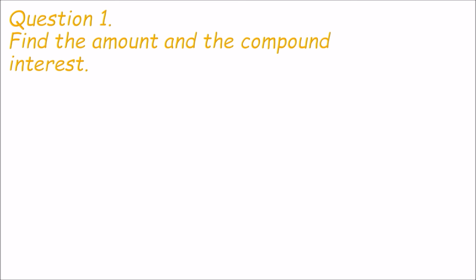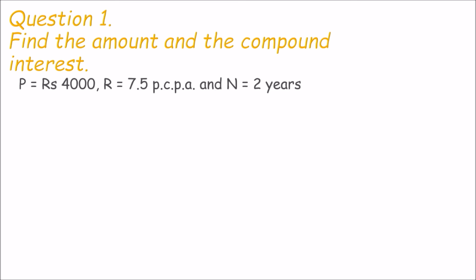Now here we have the next question. Here the principal is given 4,000, the rate is given 7.5, and the number of years is given 2. So let's see how to find the amount. First you will write the formula of amount. Amount equals P in a bracket 1 plus R upon 100 whole raised to n.